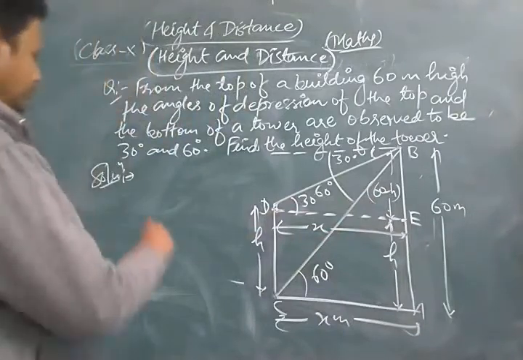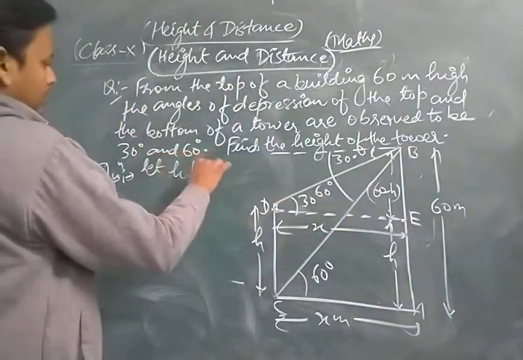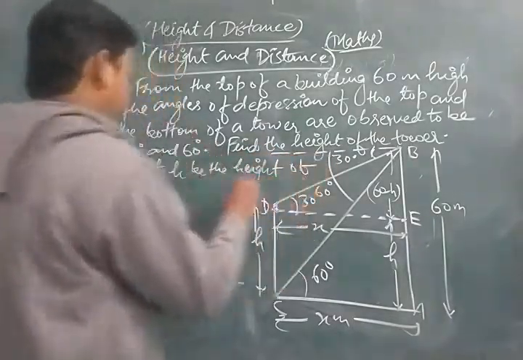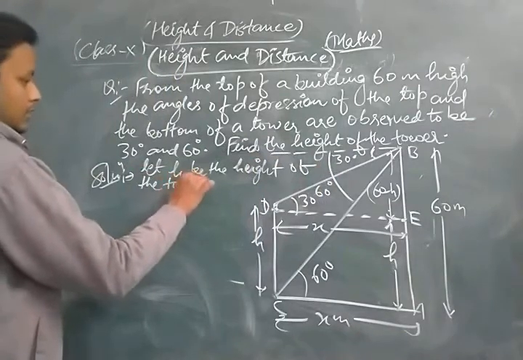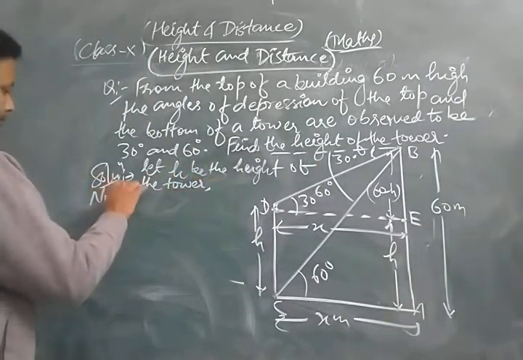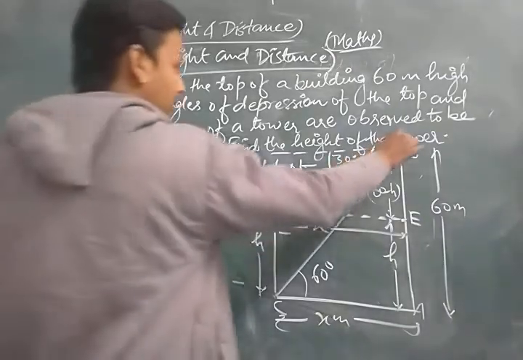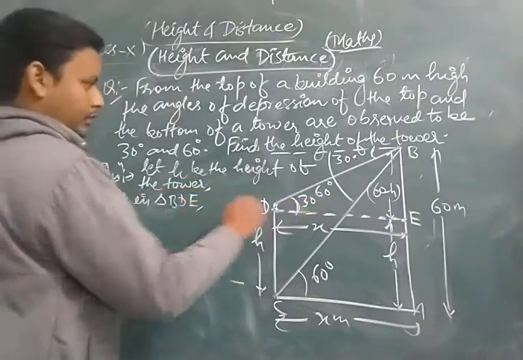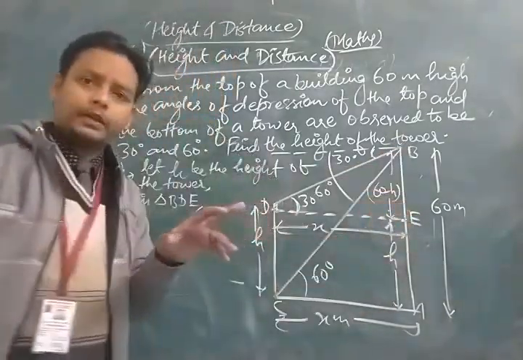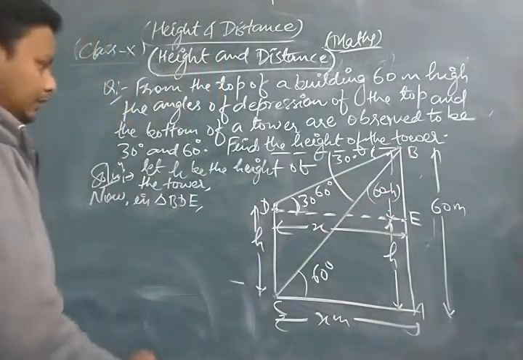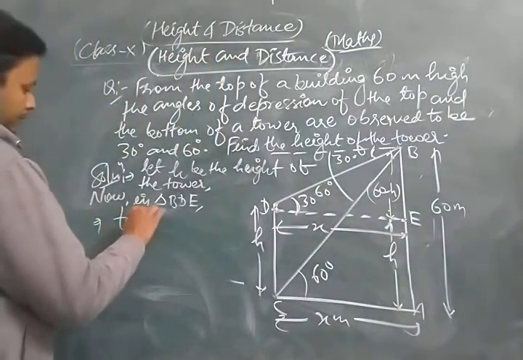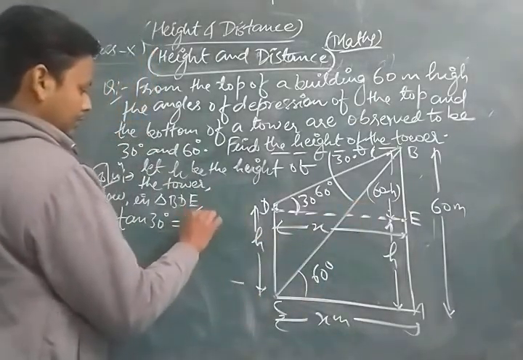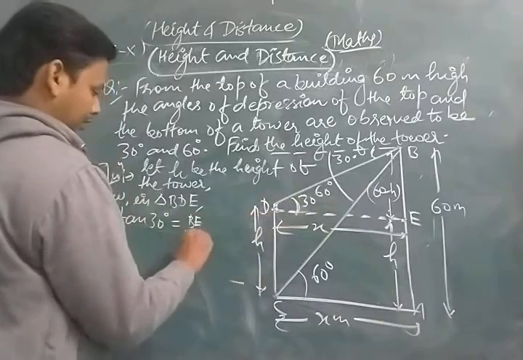Now look, let H be the height of the tower. In triangle BDE, tan 30 equals perpendicular upon base. Perpendicular is BE, base is DE.